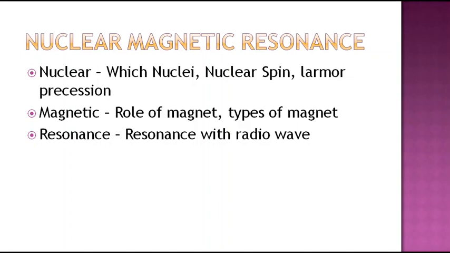Since it is nuclear magnetic resonance, there are three words, and these three words are self-explanatory about the experiment. We are studying the nuclei, especially the nuclear spin, with half integrals usually studied in this technique. When a radio wave is applied, the nuclear spin flips from one state to another.